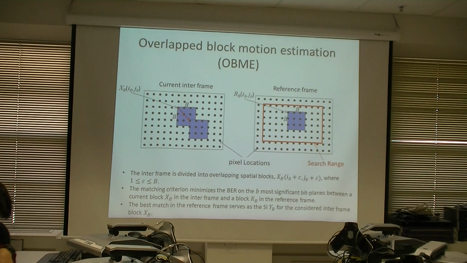I think they want to find a lot of spatial blocks. For example, it could be a different epsilon for the x axis and y axis. But it's a set of blocks, instead of one block, with all possible epsilon between 1 and b.